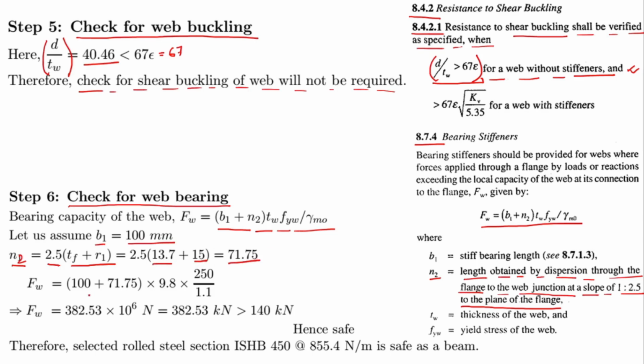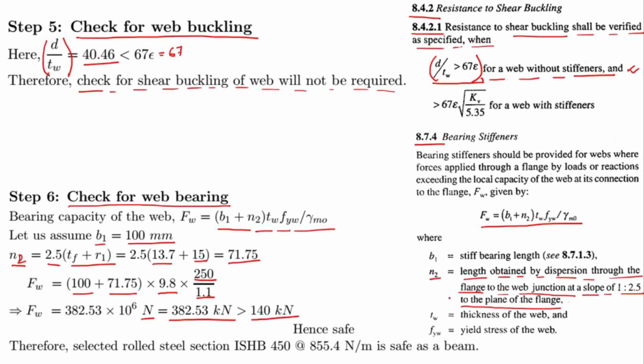If I put the value of B1 as 100, N2 as 71.75, then TW as 9.8, then yield stress of web as 250 and gamma m naught as 1.1, Fw is calculated as 382.53 into 10 cube Newton, which is equal to 382.53 kilonewton, and it is greater than the given factored shear force of 140 kilonewton.